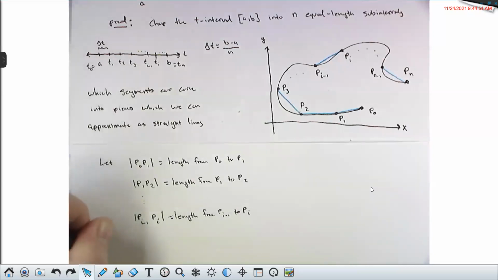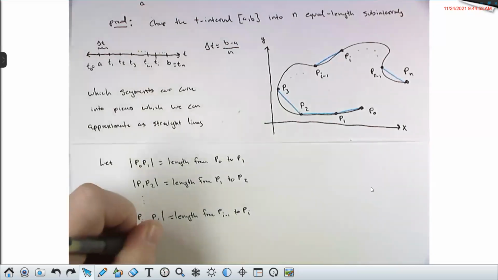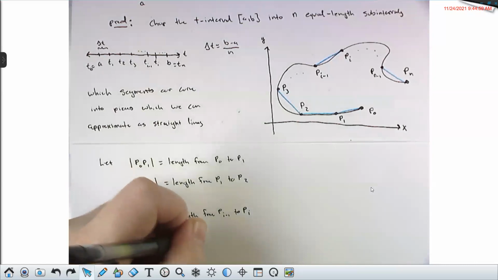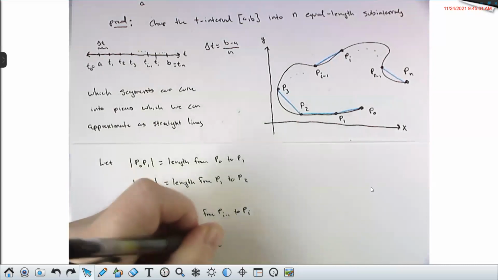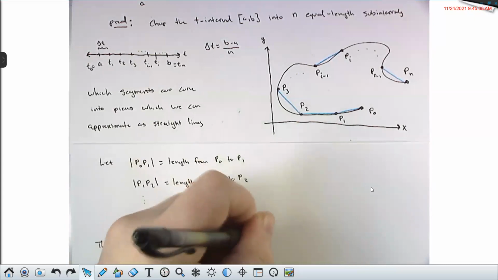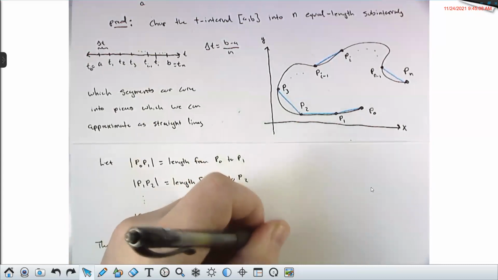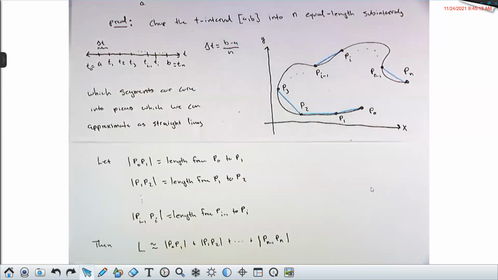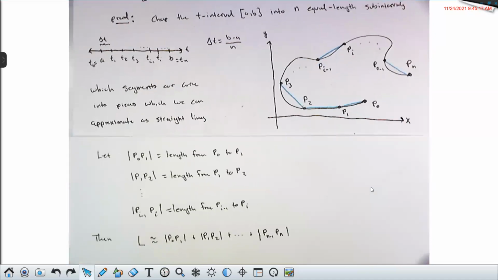And L is approximately the length from P0 to P1 plus the length from P1 to P2 plus all the way out to the length from Pn minus 1 to Pn. L is the exact arc length. And each of these is the little blue distance.